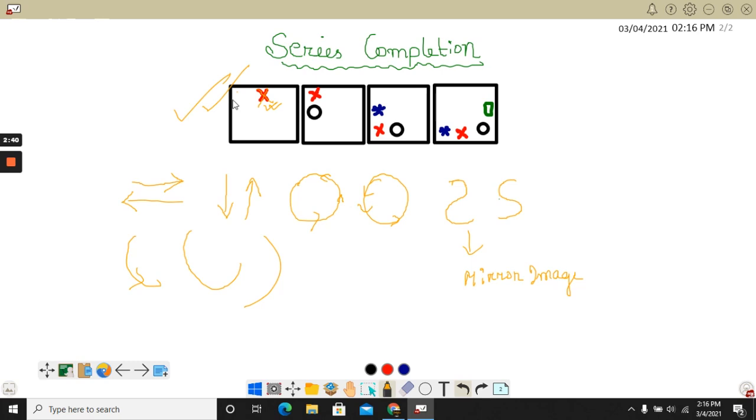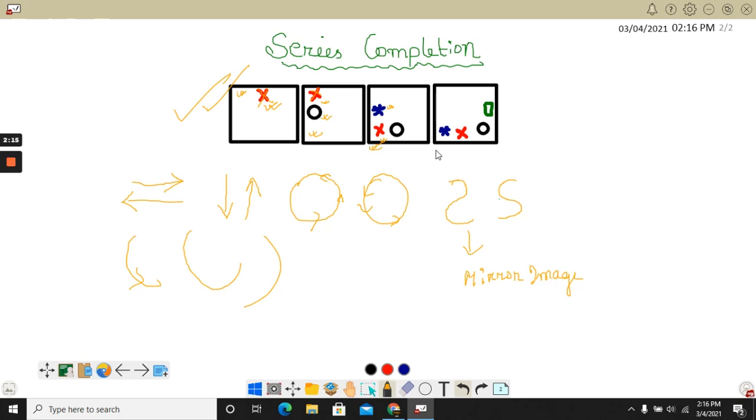So in the next step the cross is here. Now if you see in the next one, it should be here, but it has gone this side. That means first it has moved one step, that means here. After that it has moved two steps, it has skipped this part and it has come to the next part, that's why it is here.